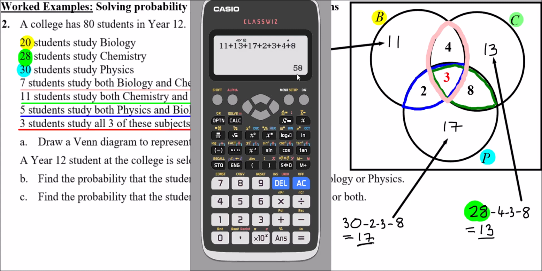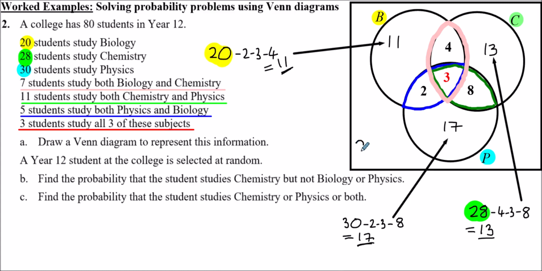That comes to 58. 58 isn't quite at 80. So what's the missing number to take us from 58 to 80? Well, what we need to do here is do 80 minus 58, which gives us the other 22. And so this number on this side is 22. As long as this goes on the outside of these circular regions, you're fine. And so that finally is part A complete.